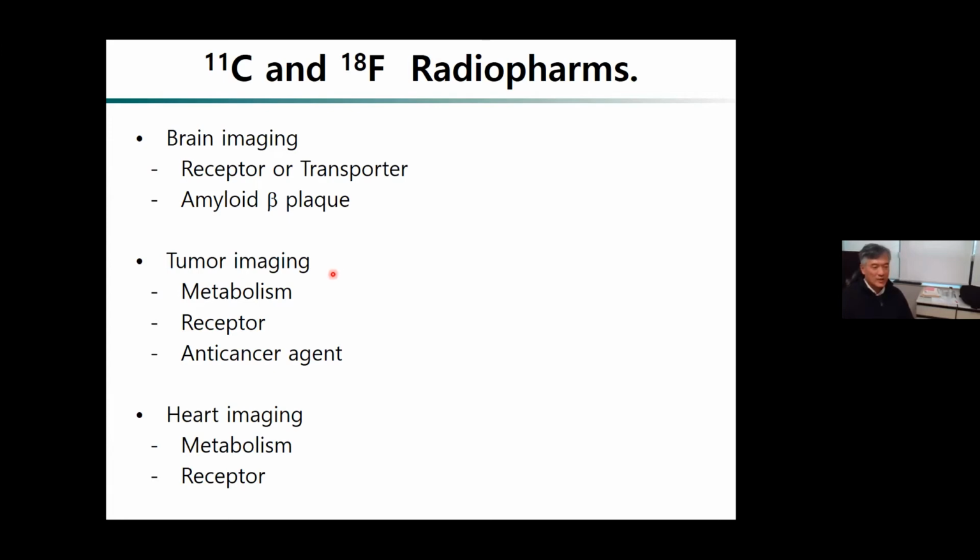Tumor imaging targets metabolism or receptors, or anti-cancer drugs can be labeled with C11 or F18. Heart imaging is focused on metabolic imaging or receptors on the myocyte.